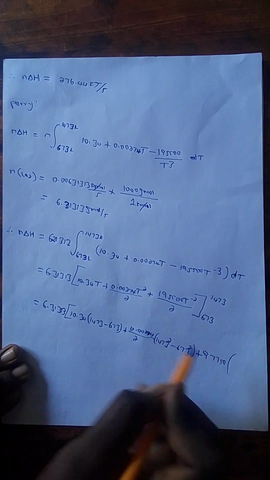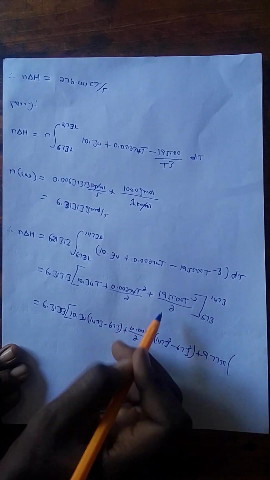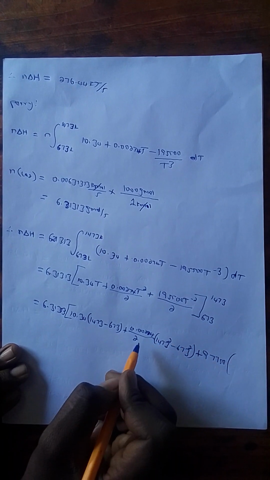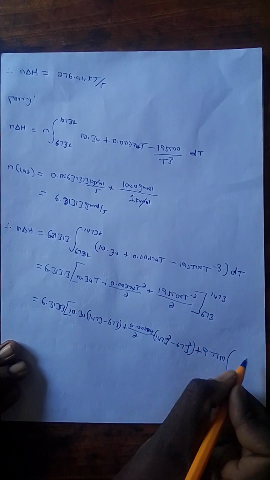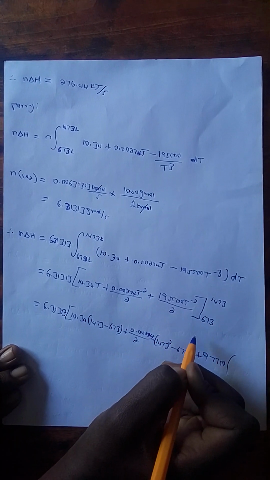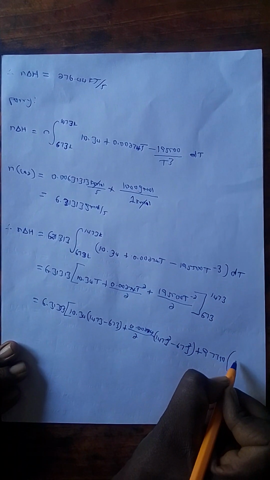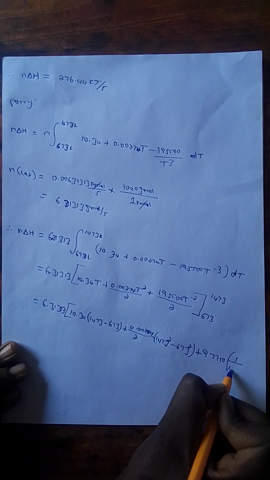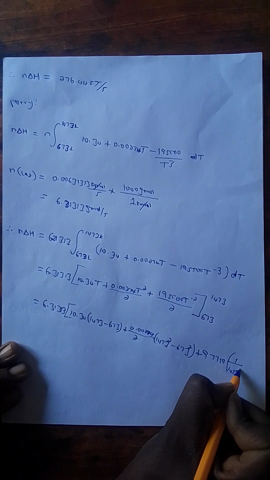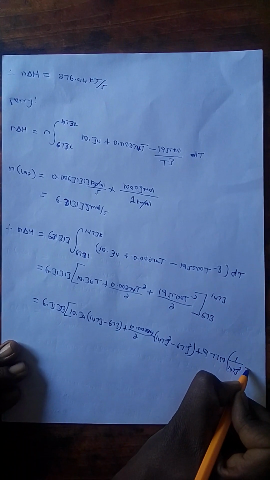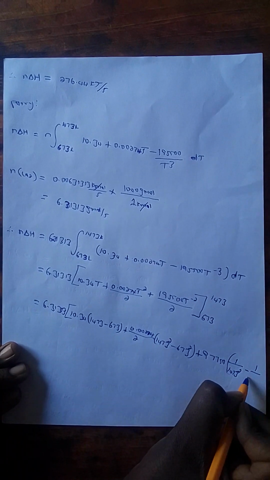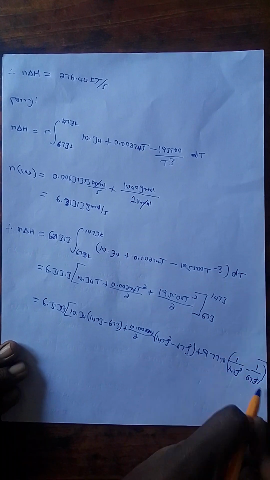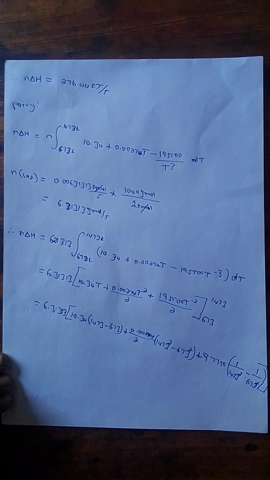The 97750 is 195500 divided by 2, and we know T to the power minus 2 is 1 over T squared. So this is more mathematical now, I guess you are familiar with that. So we have 1 over 1473 squared minus 1 over 673 squared, and we still have the square brackets for the number of moles.